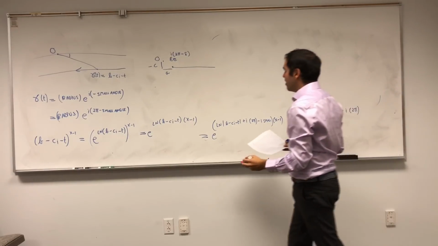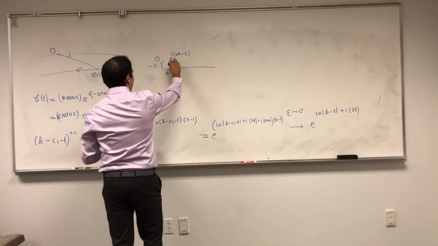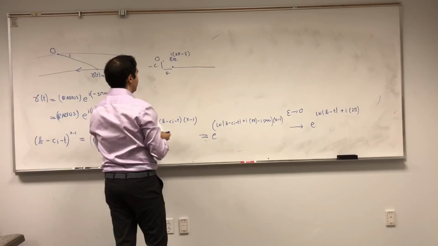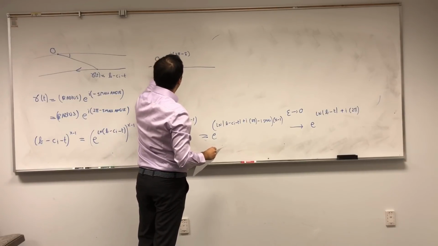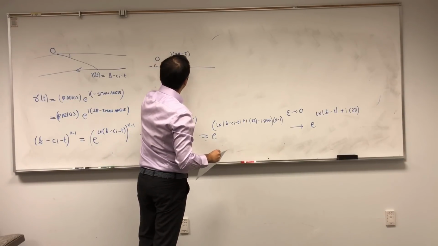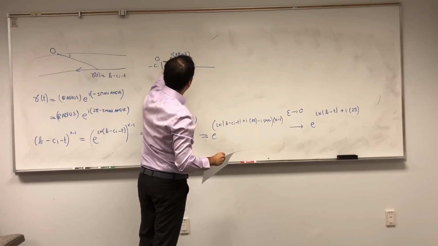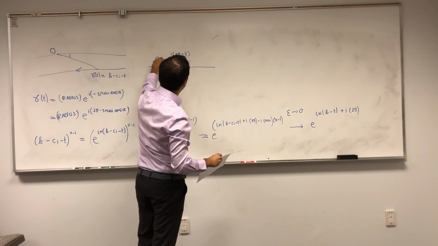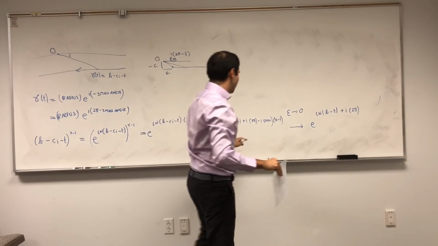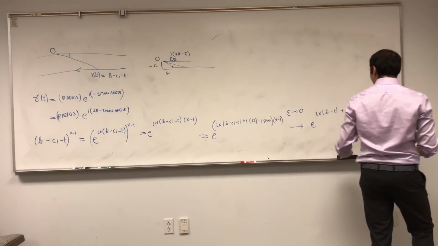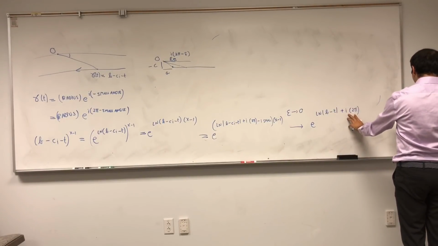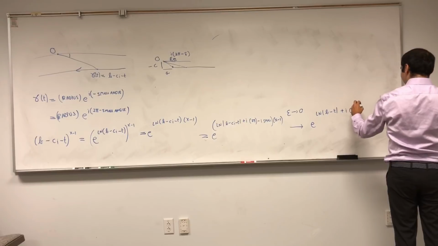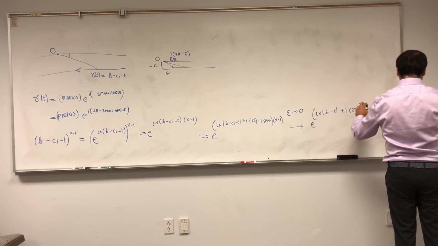And then more importantly, as epsilon goes to 0, the angle here, this is the small angle, also goes to 0. So you're left with really e^(i2π), and the whole thing times (x − 1).